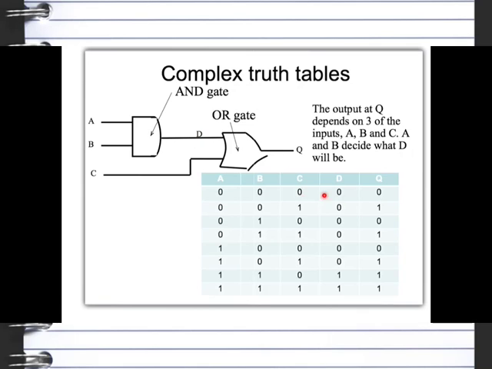So here we've got D and C both off, so we get no output, whereas when C is on, we get an output. And then again, it's every other one except for the bottom one here, where we have both in, and that means it turns on.